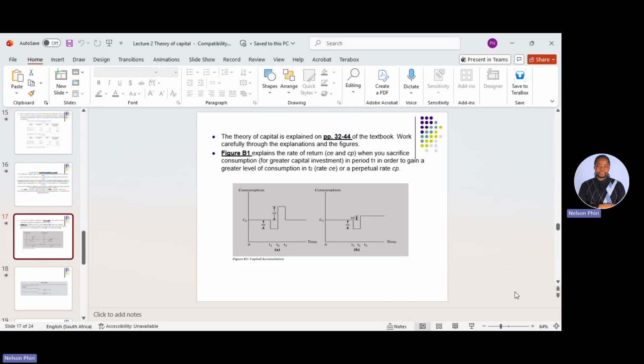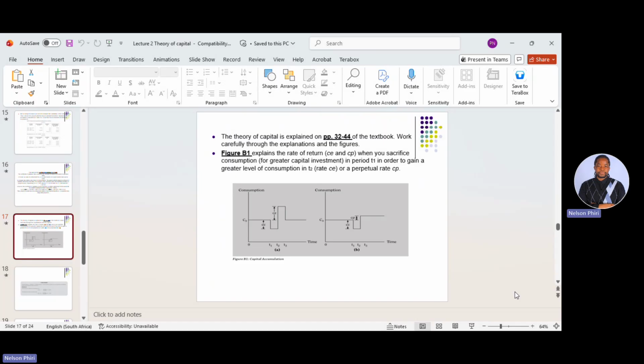As you can see there, if you sacrifice consumption for capital investment in T1 in order to gain a greater level in T2, you get a perpetual return of CP. So this is showing us if you sacrifice consumption now, how would that affect your investment in the next period?